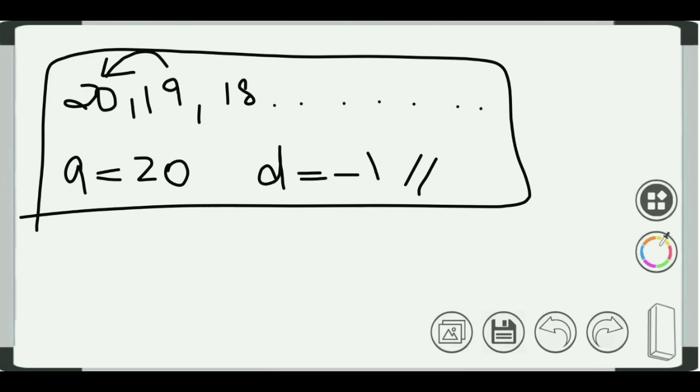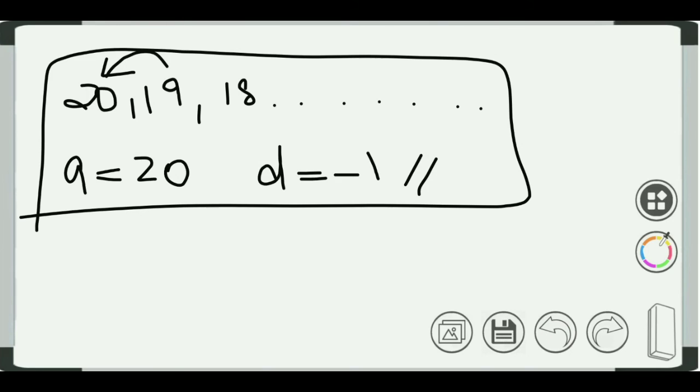They have told us the total logs are 200. 200 logs are placed, right? In how many rows? It's not given. We need to find, read the last sentence. In how many rows are the 200 logs placed? So we don't know how many rows are there. So we need to find n.